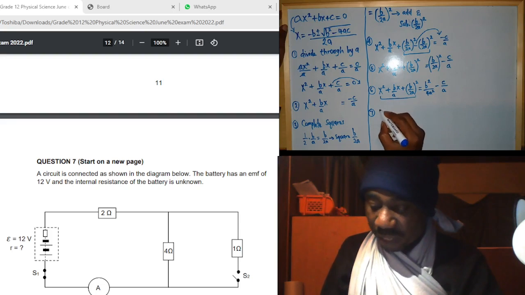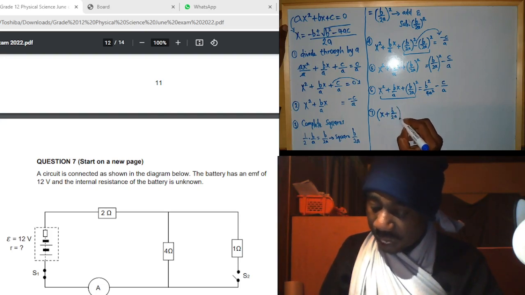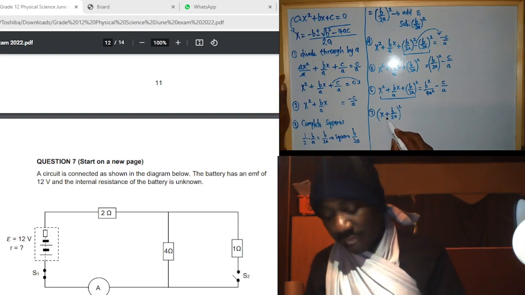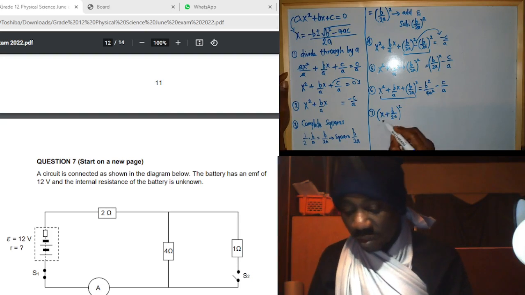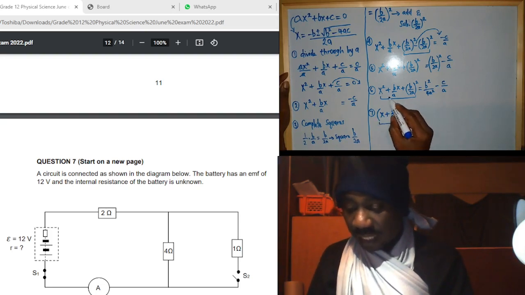To simplify the whole of these, you just open a bracket, then you pick one of these, that is x, then plus the content of this bracket, that will be b over 2a, then you square everything. So if you do this, for example, x plus b over 2a times x plus b over 2a, you will get exactly this.